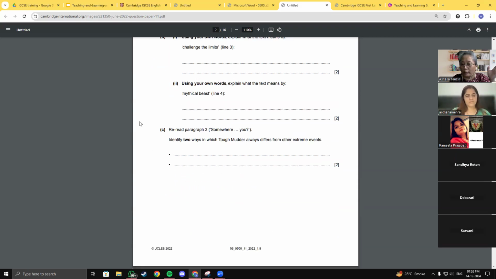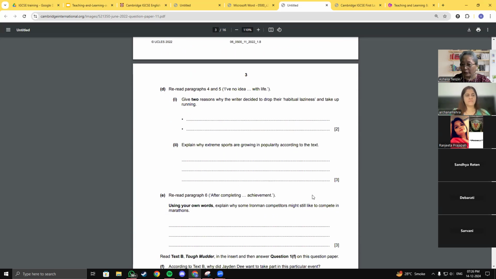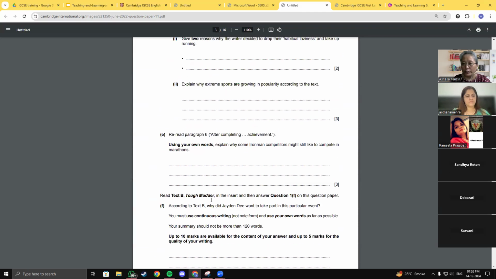The examiner will be able to see only this much space, because this gets scanned and is seen as a soft copy. Online grading takes place. So these questions are called structured questions.